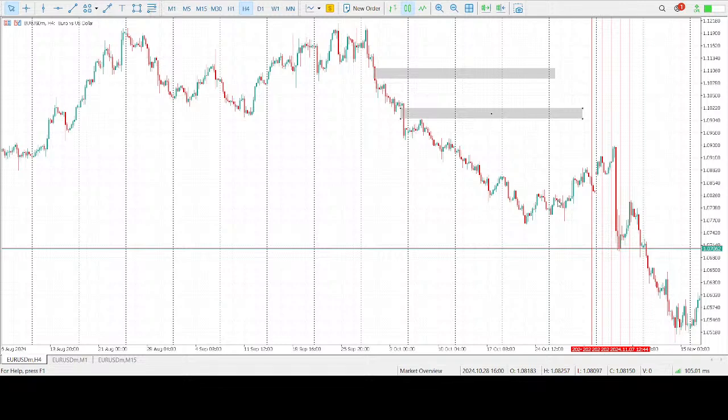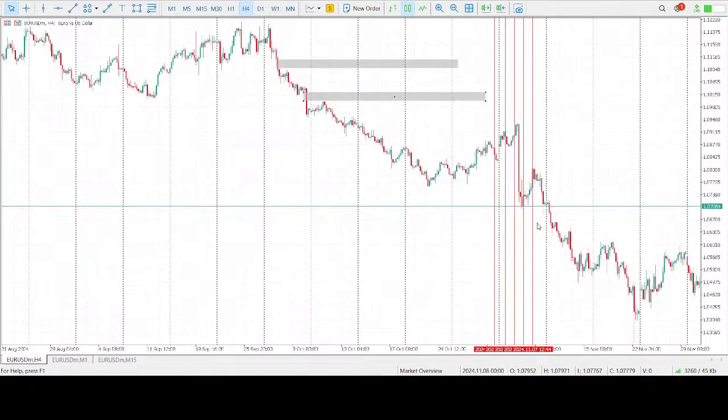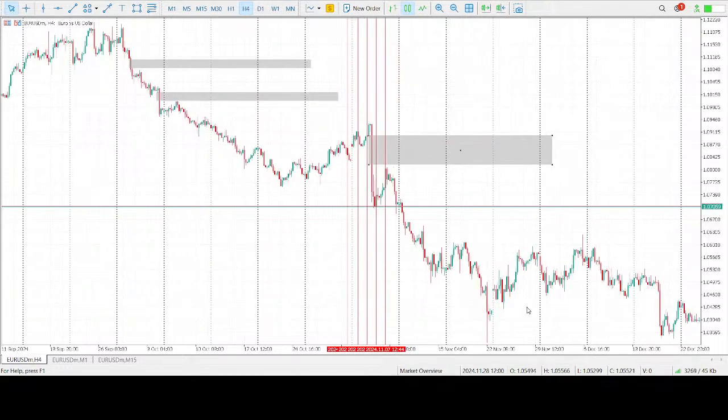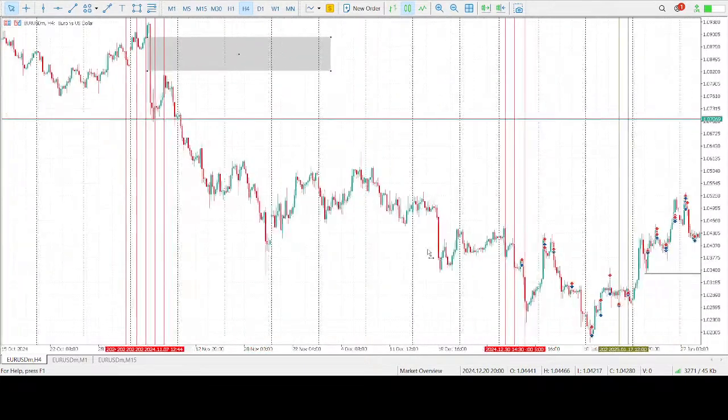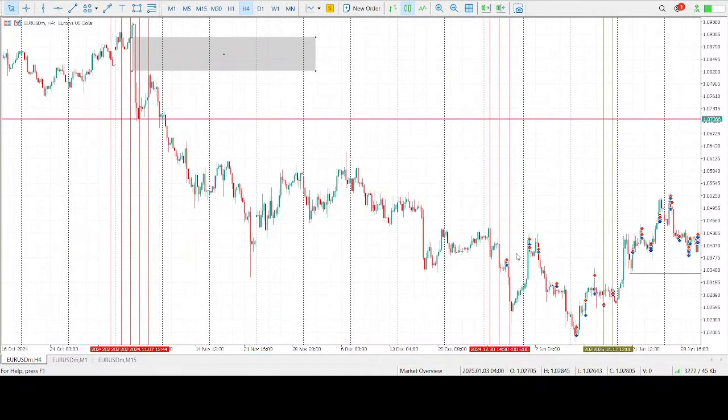There is another one in here that wasn't filled, from about this price point to about lower here, and price rallied down off of that before it continued, broke off of that, and then took off.